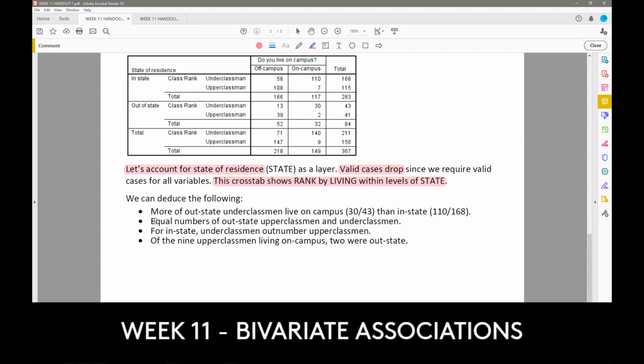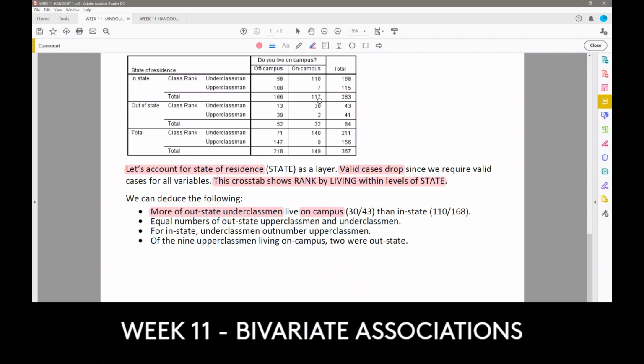From here, we can deduce 4 simple points. There are more out-of-state underclassmen who live on campus than those who are in-state on campus.